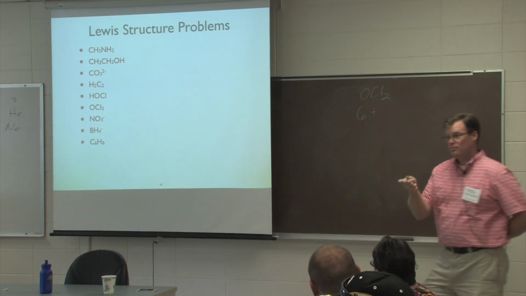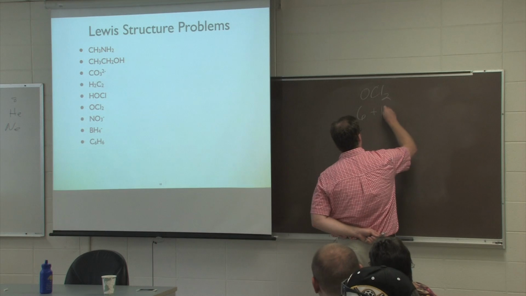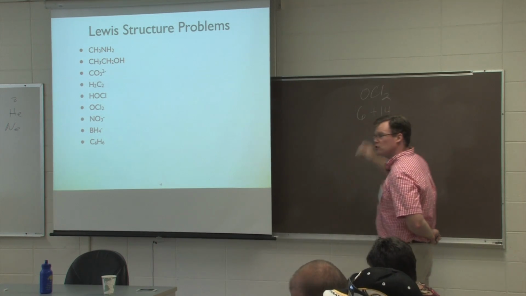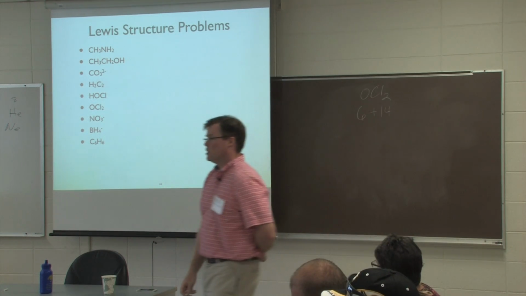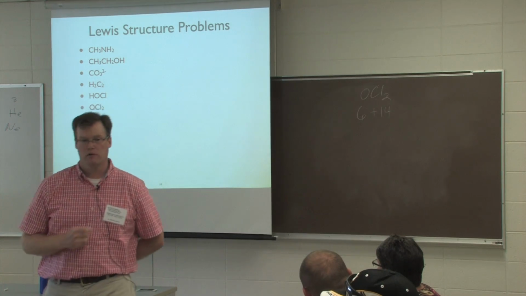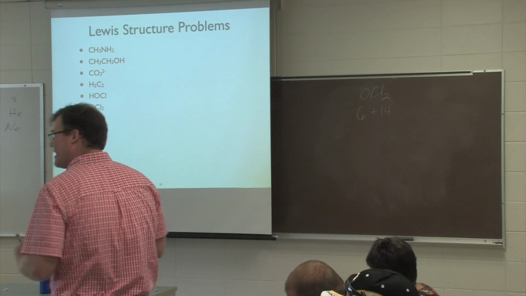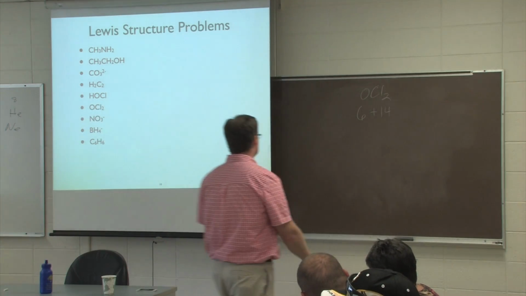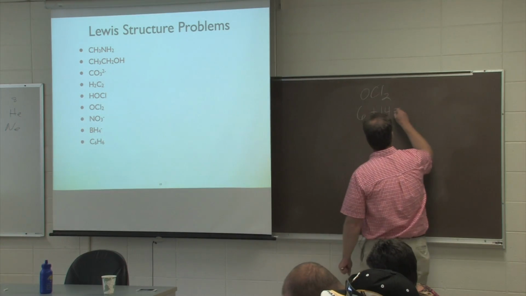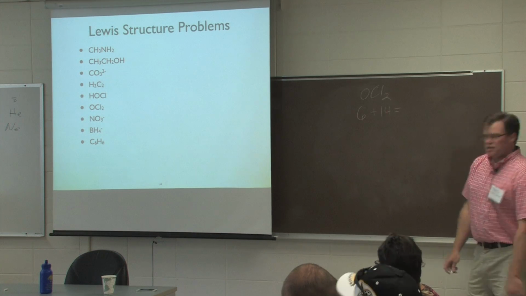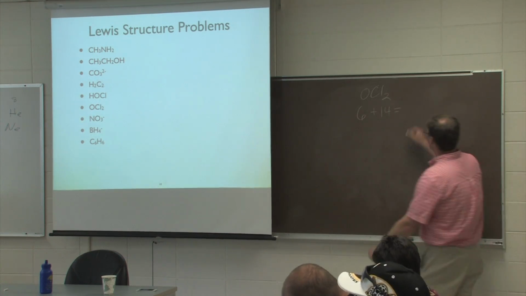There are 2 of them. Correct. So we have 14. That comes from 2 chlorines. Yes. All right. So don't lose count of your valence electrons. This is a neutral molecule, so we don't need to worry about adding or subtracting anything. So 6 plus 14 is 20.